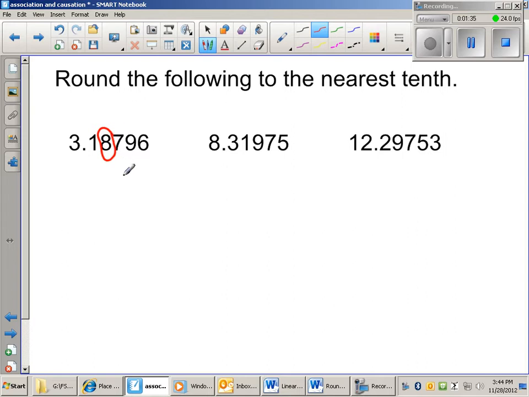Now, if this value is anything that's 5 or higher, we round up. And if it is 4 or lower, it stays the same.